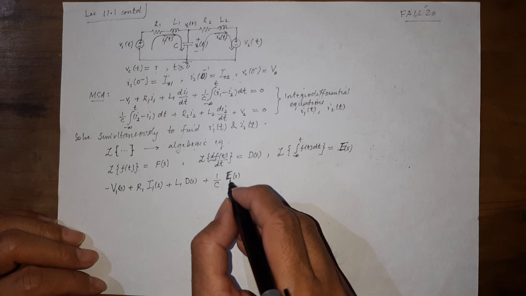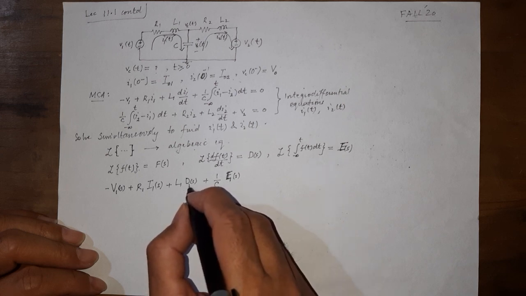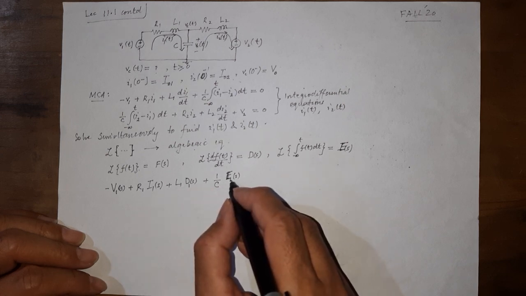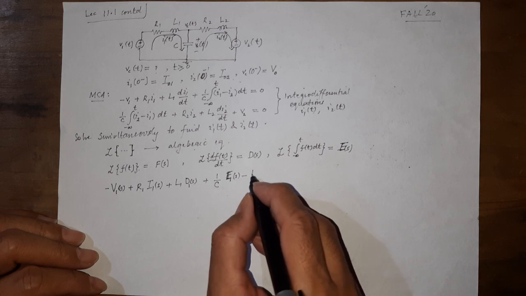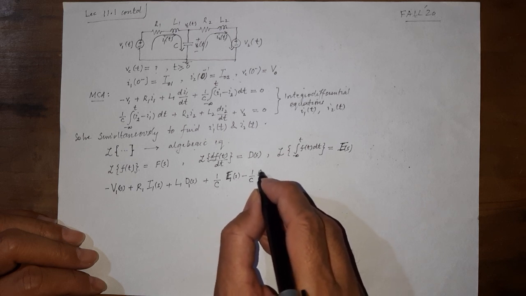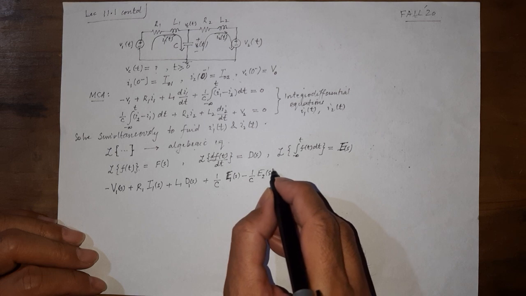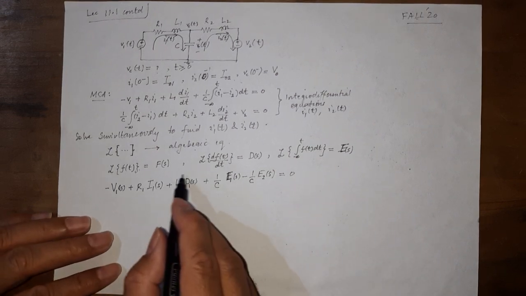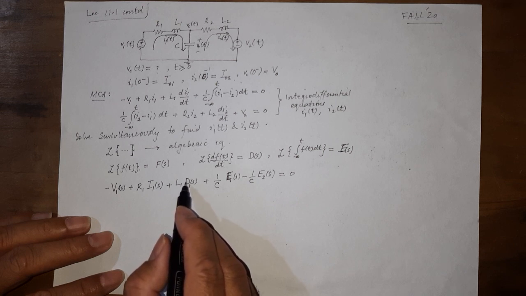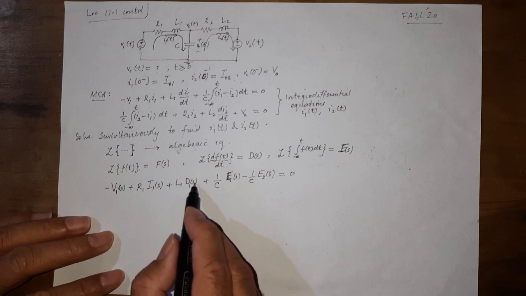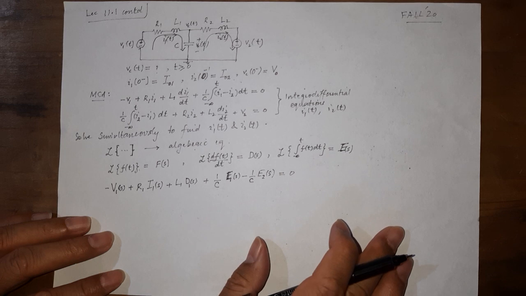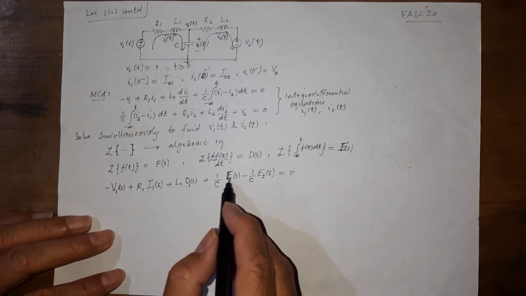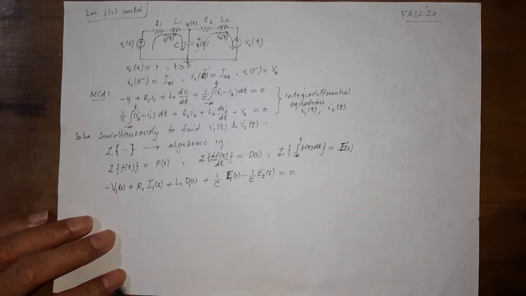So we have some derivative of I1, E1 of s minus 1 over C E2 of s is equal to 0. So you see the derivative vanishes, leaving a function of s, and the integral also vanishes, leaving a function of s here.